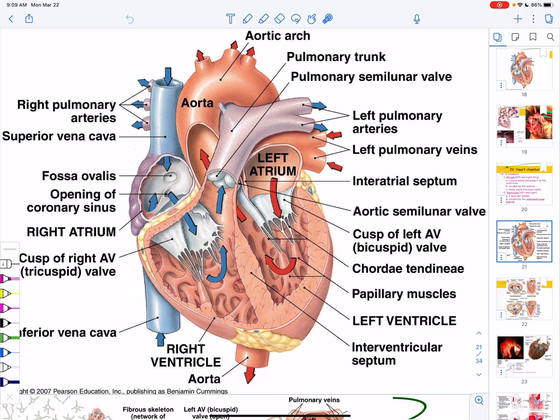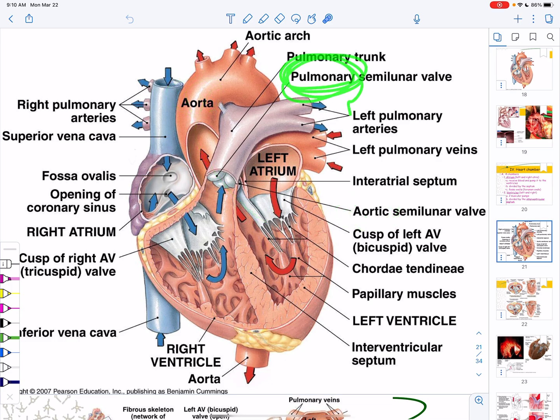The one behind the pulmonary trunk is known as the aortic semilunar valve. The one in the pulmonary trunk is known as the pulmonary semilunar valve. So those are the PSV and the ASV. A for aortic leads to the aorta.